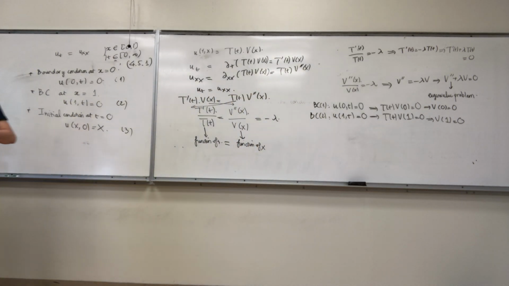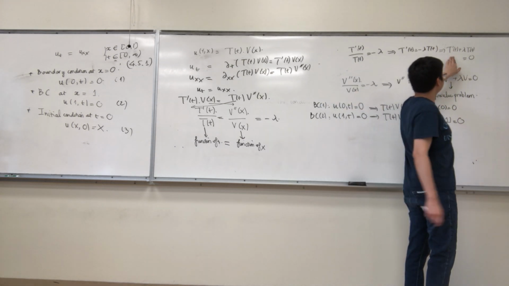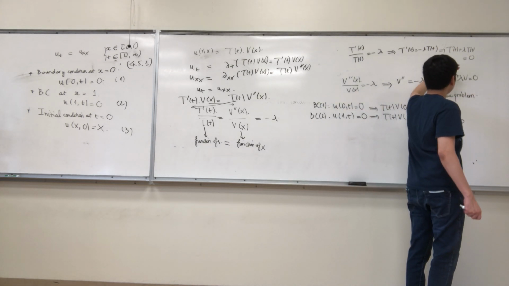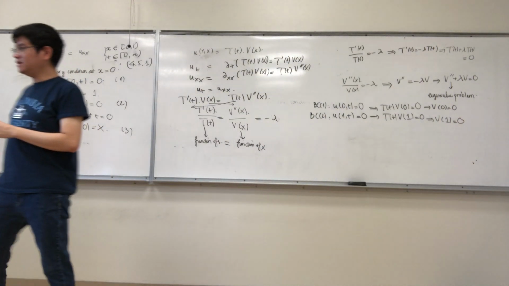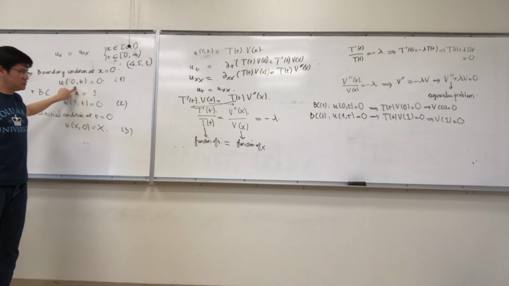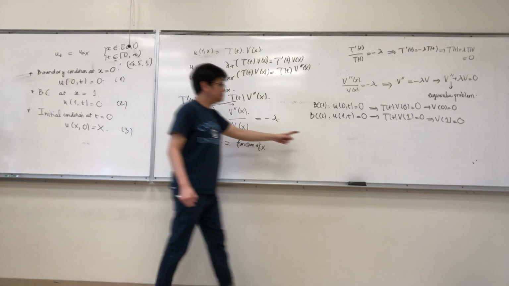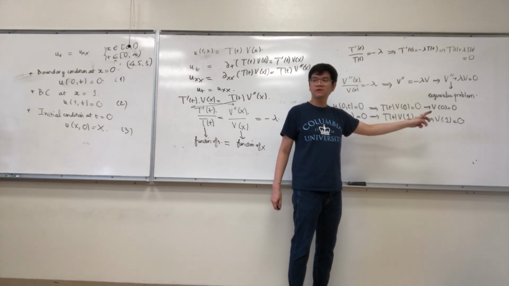So the first idea is to introduce this as a product. You have u is T times v. T is a function of t and v is a function of x, right? You plug everything back into the equation. You decouple the equation. You have T prime plus lambda T is 0, v second plus lambda v is 0. Now you try to find a boundary condition, right? The first boundary condition, u at (0,t) is 0, gives you T(t) times v(0) is 0, which means that v(0) is 0.